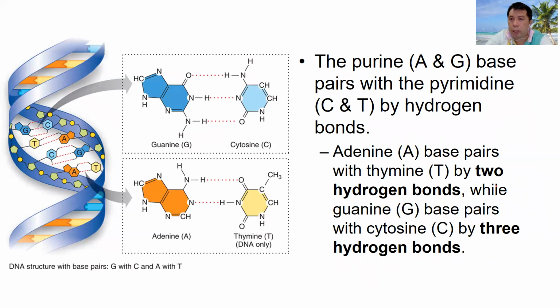The purines, adenine and guanine, base pair with the pyrimidines, cytosine and thymine, by hydrogen bonds. The guanine base pairs with the cytosine with 3 hydrogen bonds, whereas the adenine base pairs with the thymine with only 2 hydrogen bonds.